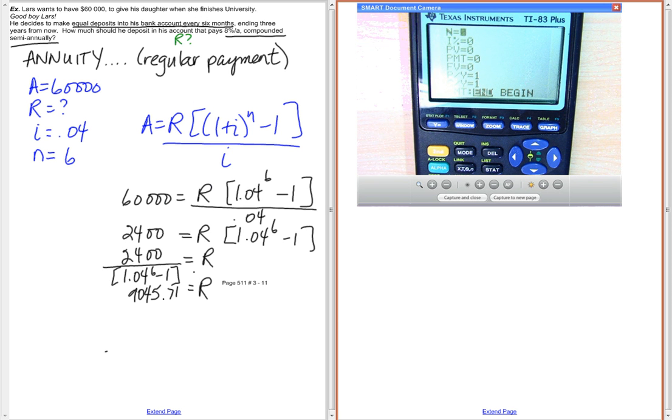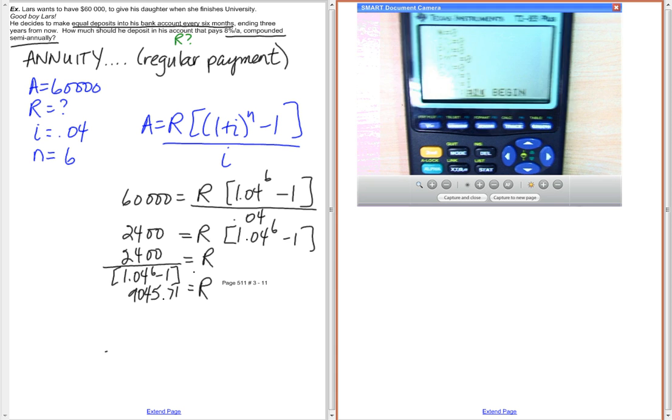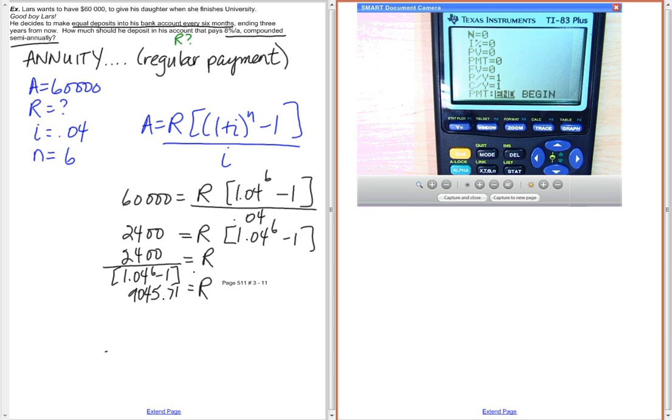Let's check with the graphing calculator again. See if I can get it so you can see it. There we go. The N is the number of times interest is calculated, which would be 6. The interest rate is 8%. Present value is he's got nothing. The payment is what we're going to get the graphing calculator to find.